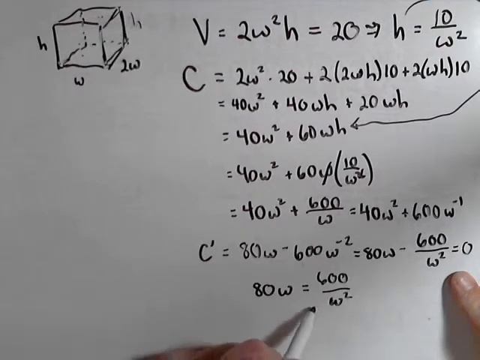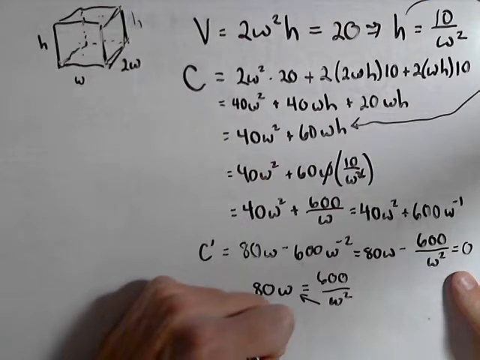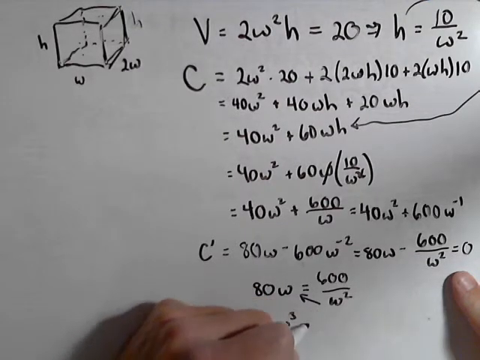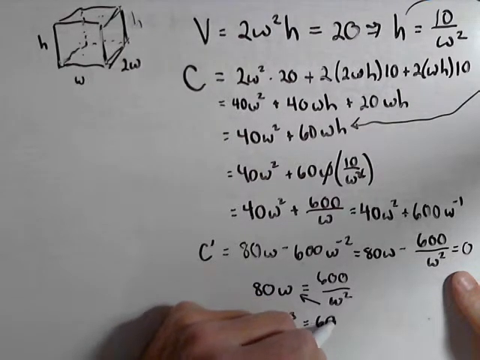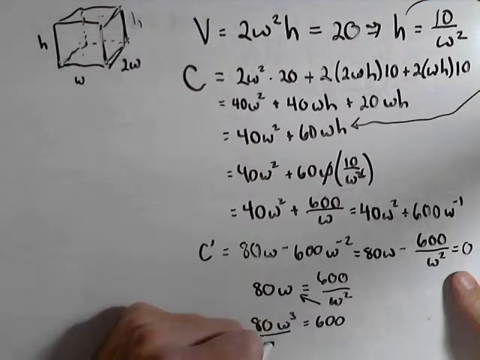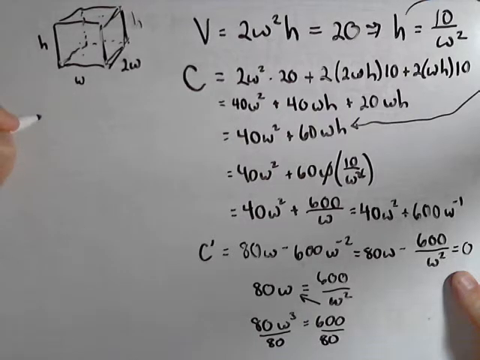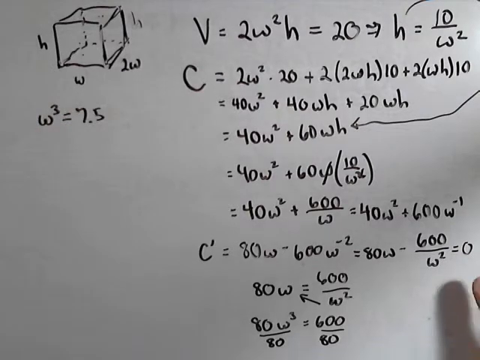Okay, and now what I'm going to do is cross multiply that W squared. So I have 80W cubed equals 600. Alright, and let's simplify this a little bit. Let's solve for W. Divide both sides by 80. We are going to get W cubed equals 7.5.